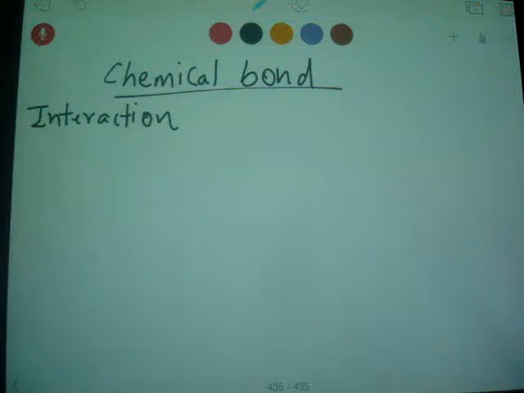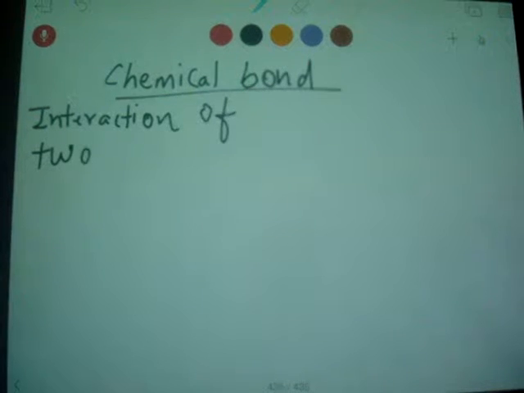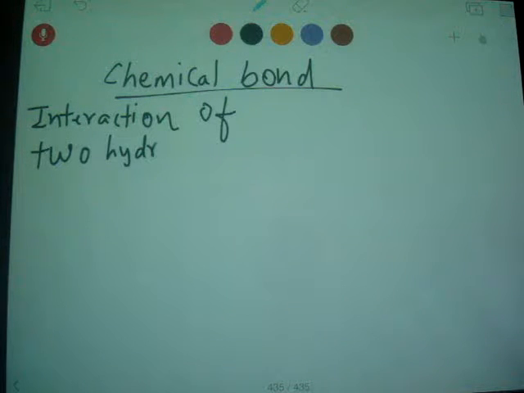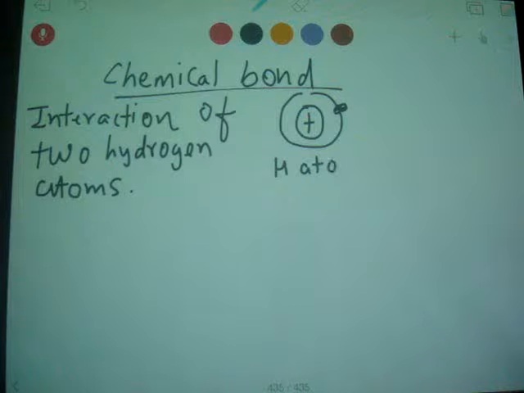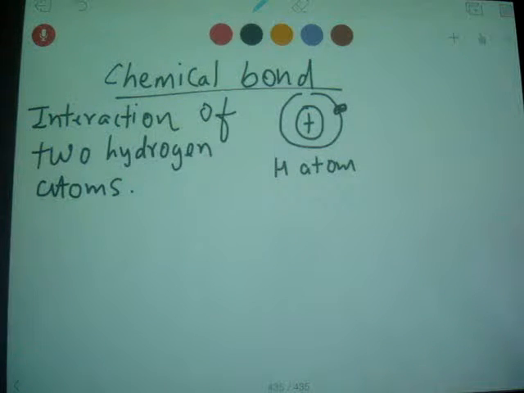Okay, so the interaction of two hydrogen atoms. Hydrogen is the simplest atom, so it's easy to understand.